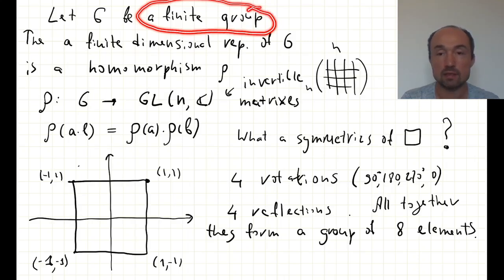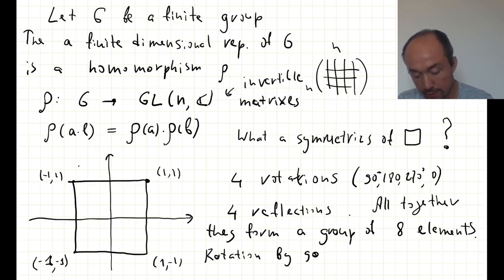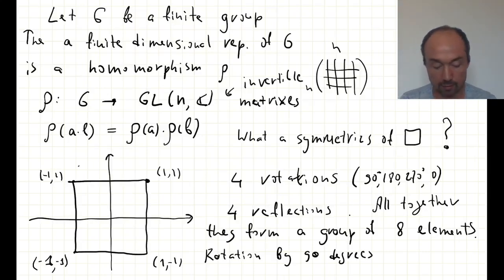Now, where is the representation in this picture? This is not hard to guess. For example, take the rotation by 90 degrees.